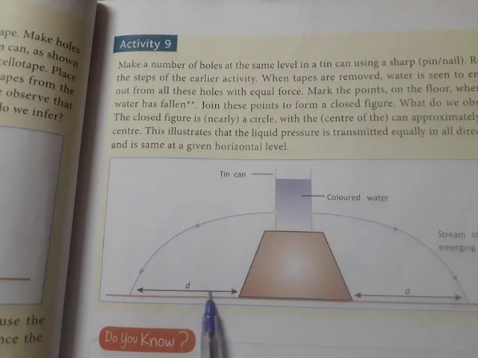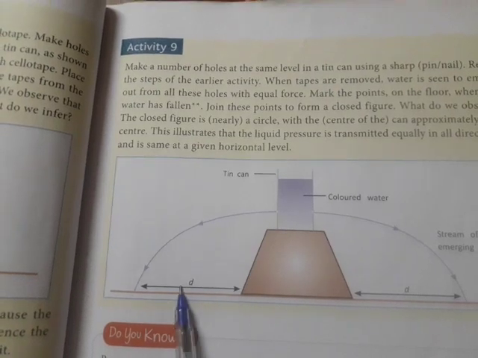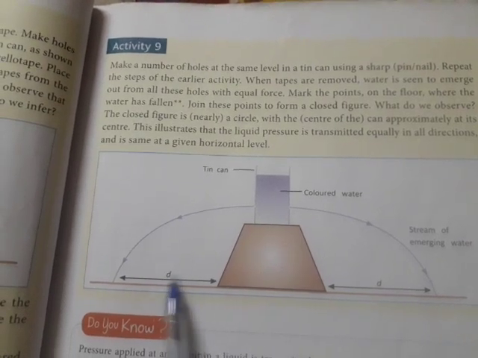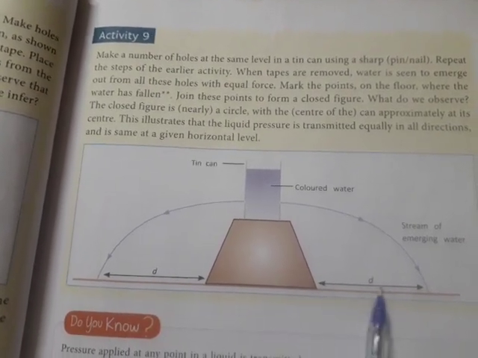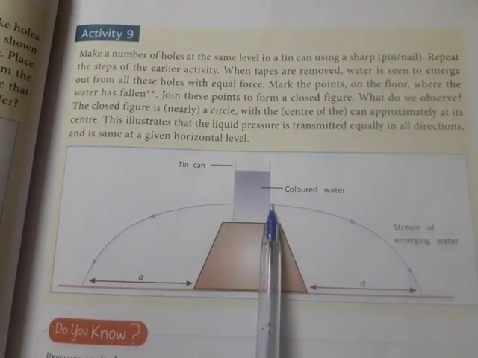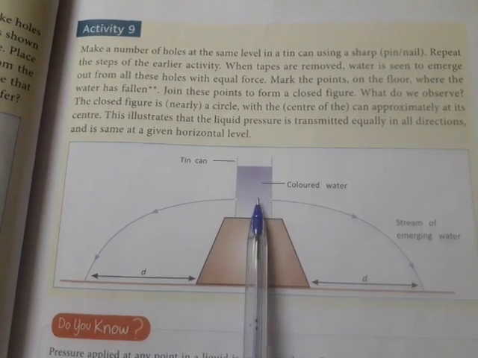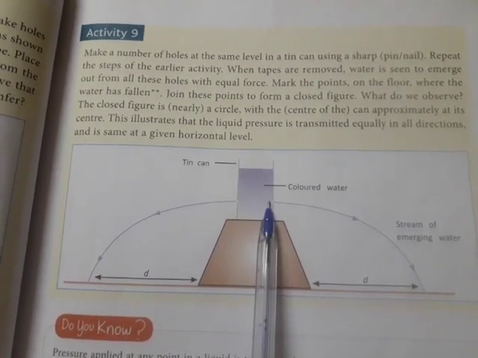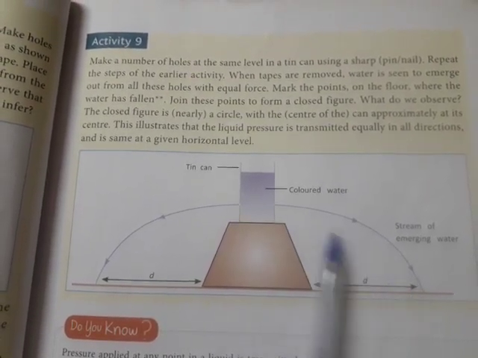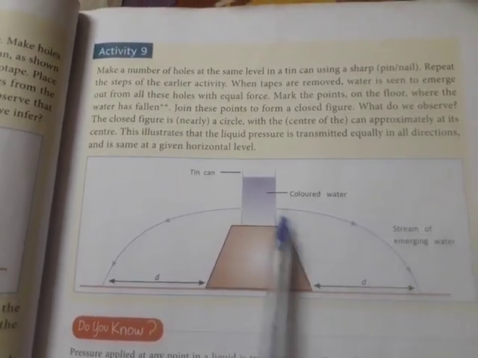Here we measure the distance, which is decided by the force with which the water is exiting. Now we observe from both sides, and we conclude that the distance covered in both cases is equal. This shows that at the same level of the liquid column, liquid exerts equal pressure. So here the rate of flow of water from both holes is equal.